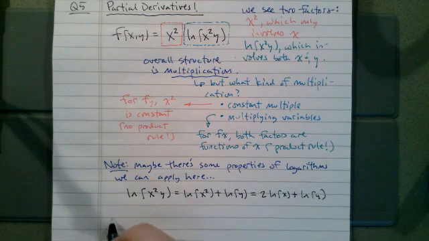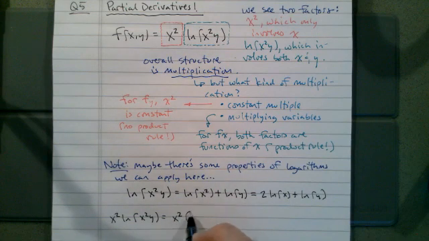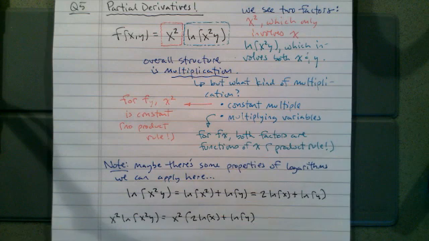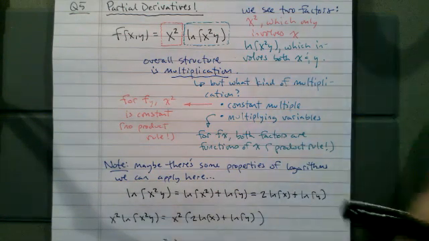So if we have x squared times the natural log of x squared y, we can write this as x squared times 2 natural log of x plus the natural log of y. We'd have to use the product rule here. Maybe we want to distribute them.